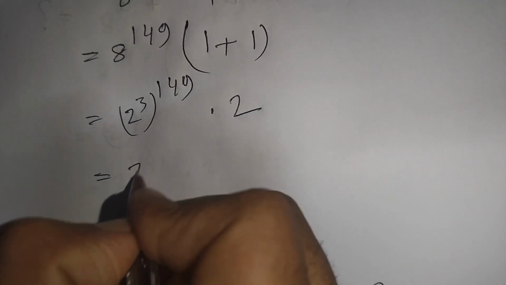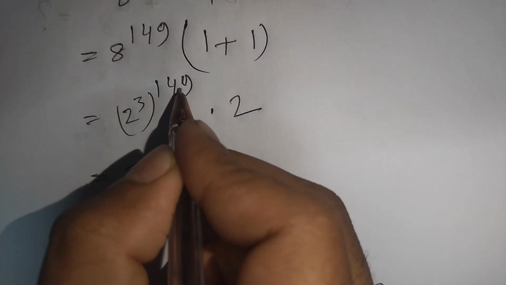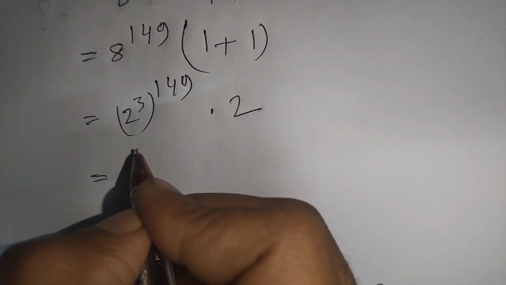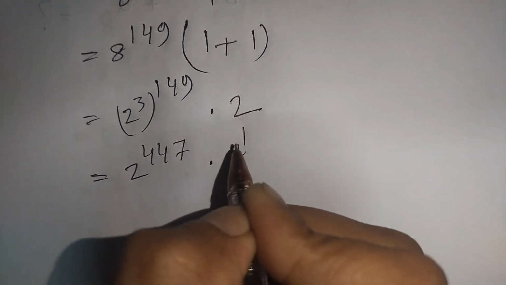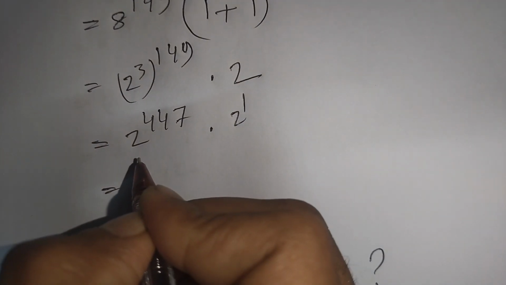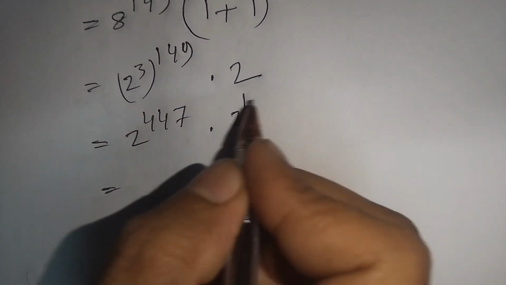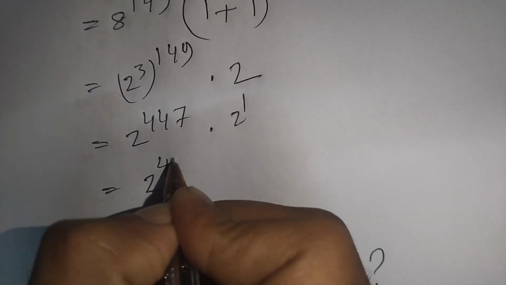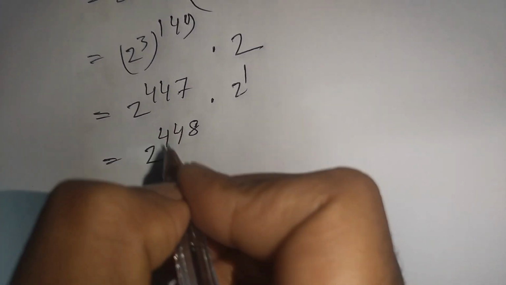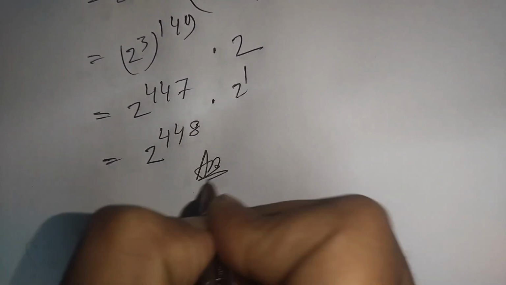Now 2 to the power 3 times 149, that means 447, times 2 is same as 2 to the power 1. Now we see same base but different power, so you can write 2 to the power 447 plus 1, that means 448. So 2 to the power 448 is the correct answer.